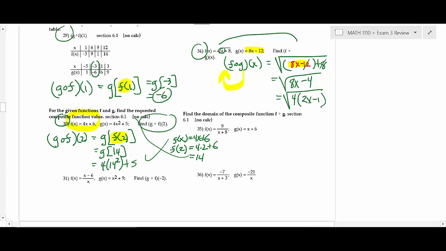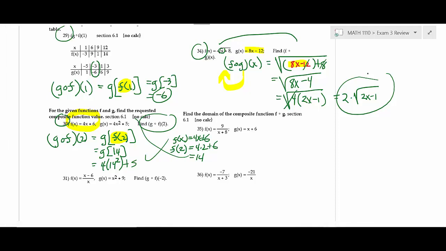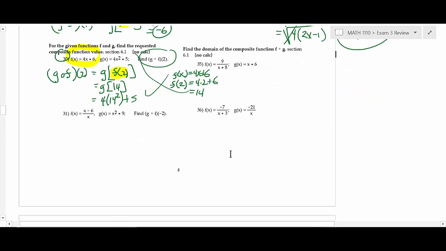And then what can you do with that 4? Remember, we're doing a square root. So the square root of 4 is 2. So you would have 2 times the square root of 2x minus 1. That would be your composition of functions right there. And I always want you to simplify those things as far down as you can. That's pretty important. Those are the main things for composition of functions that you want to know how to do.